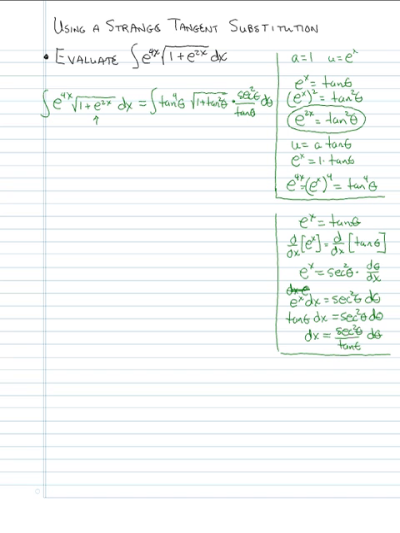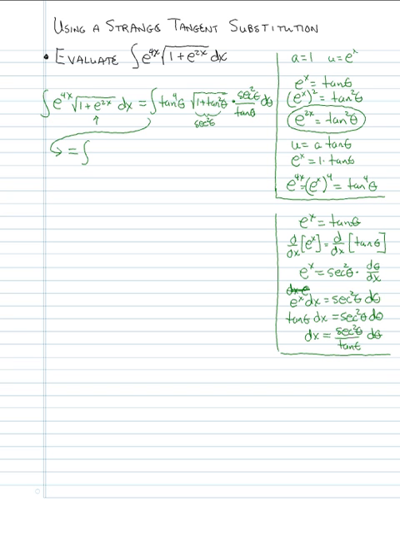Okay, well, let's go up above now, and let me bring this over because I'm running out of room again, to where my equal sign is. Let's see what we can simplify. Well, for one thing, under this square root, 1 plus tangent squared theta is nothing more than secant squared theta, isn't it?